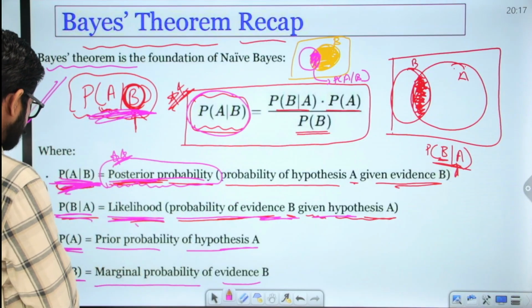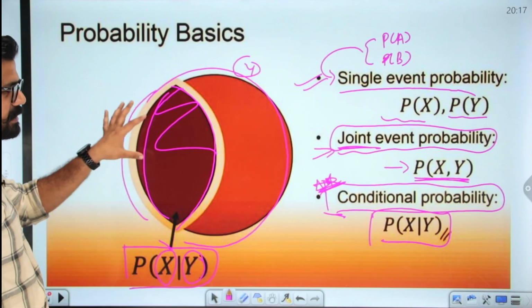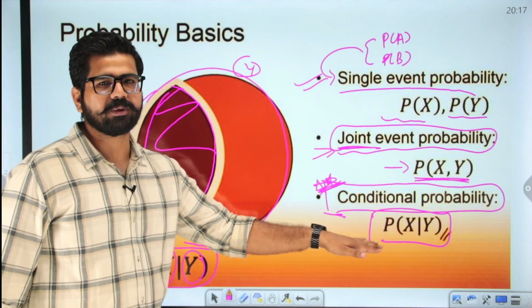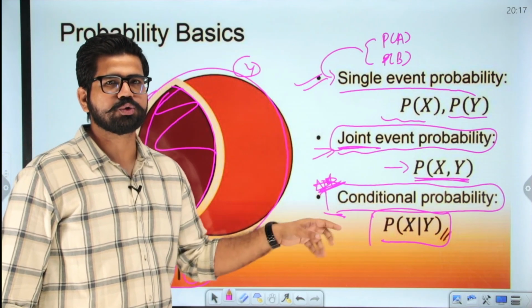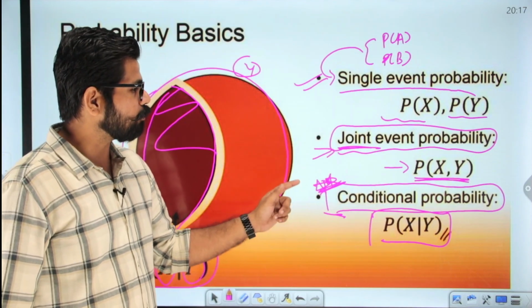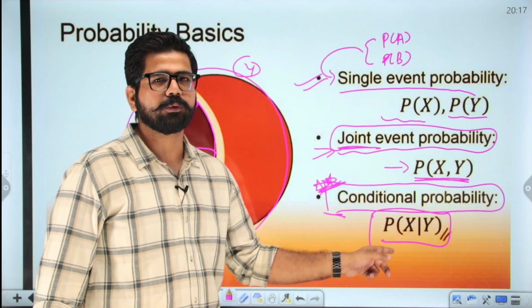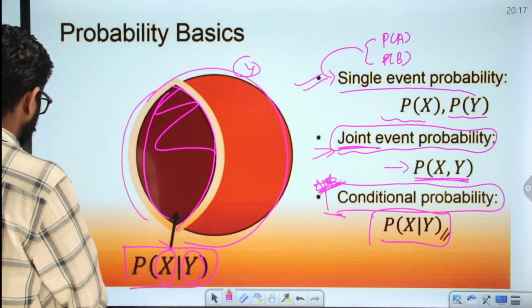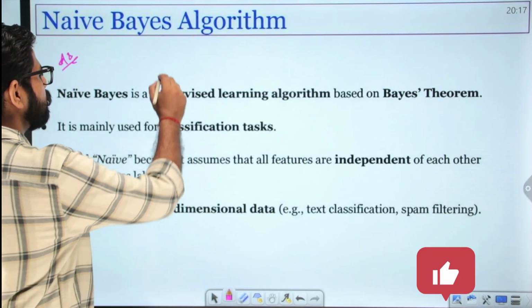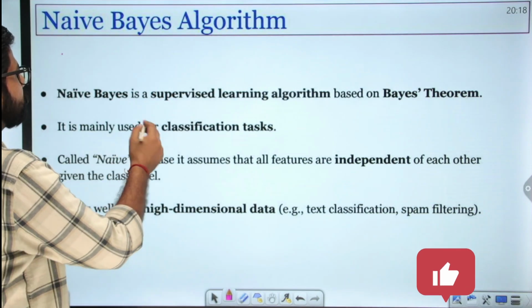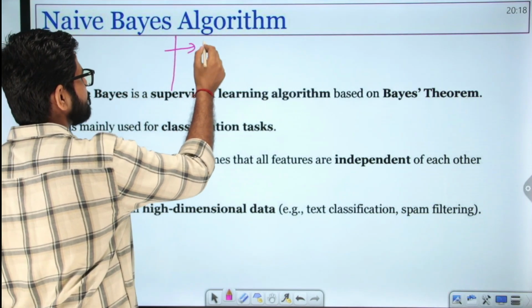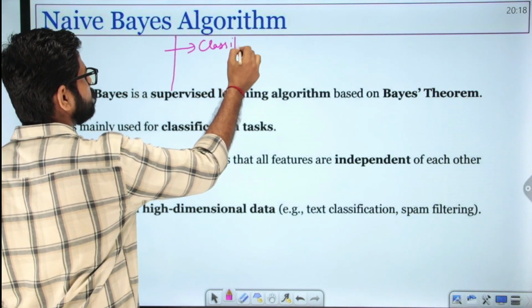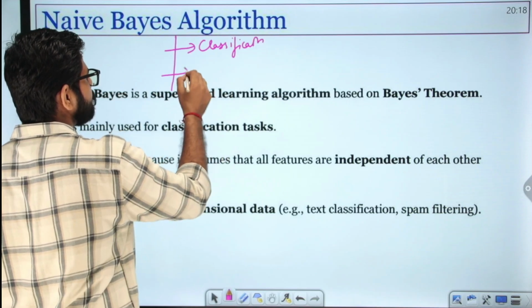This is the Bayes theorem. Since the Bayes theorem uses the conditional probability formula, I added this slide to give you a glimpse of what P(X|Y) or P(A|B) is. So moving forward, two concepts you have cleared till now. We have covered two major topics: one is classification and the second one is Bayes theorem.